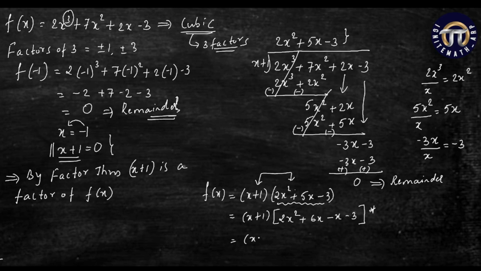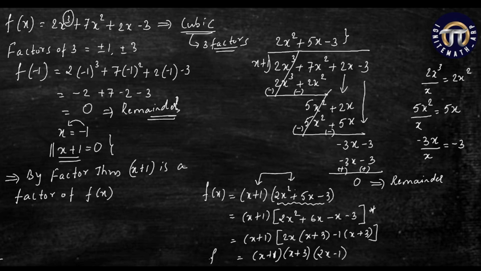So now I'm just writing this one as x plus 1. Over here I group these two. I'll take out 2x common, then x plus 3, minus 1 x plus 3 I'm going to write. So that is equal to x plus 1, then x plus 3, then 2x minus 1.